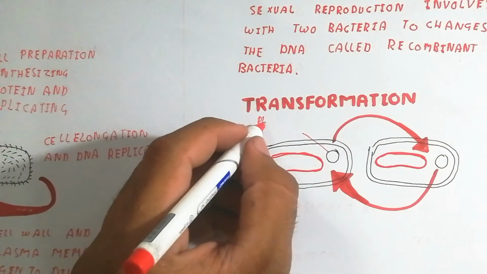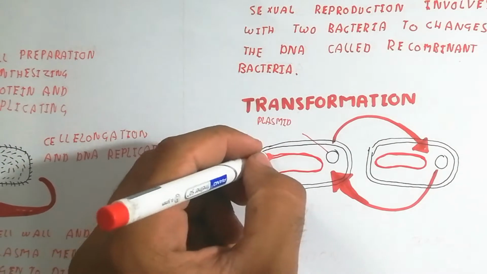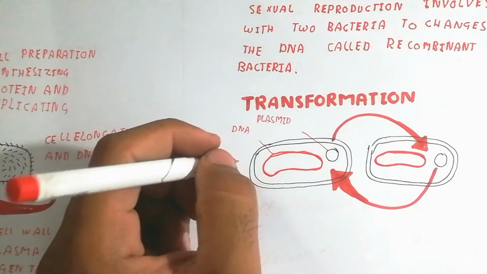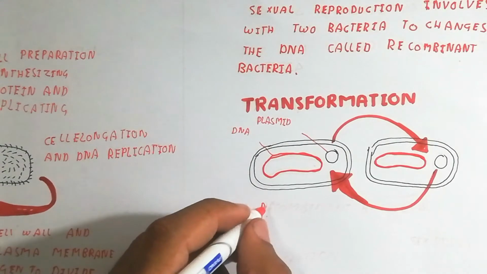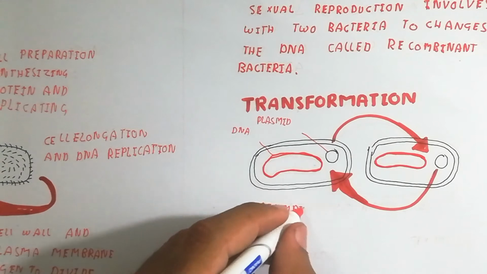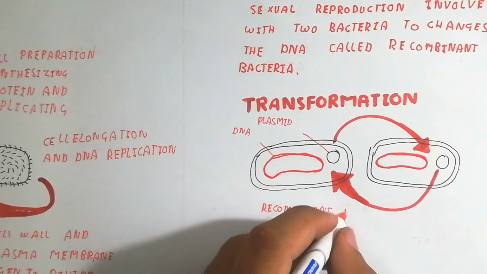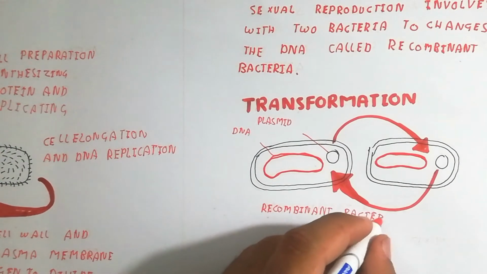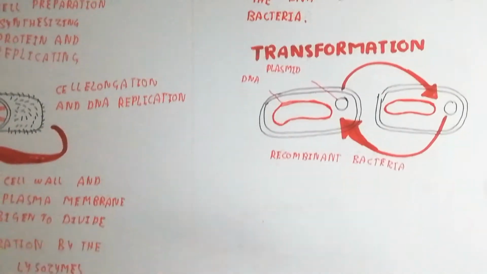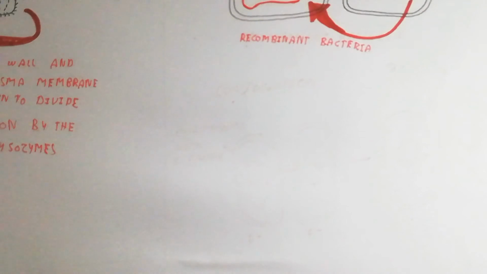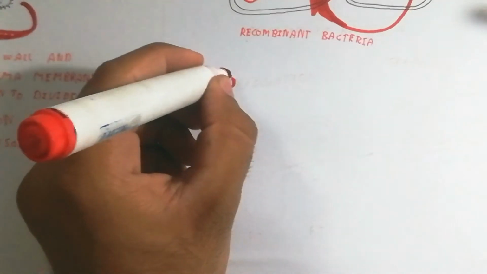Transformation simply means recombinant bacteria due to the transfer of DNA, the interchanging of the plasmid, the extracellular DNA present in the cell. It is not chromosome exchange, because the chromosome is a large thread which is difficult to exchange.